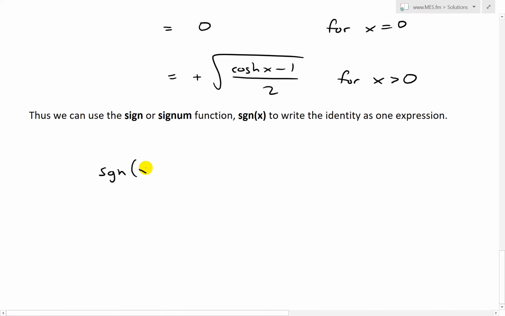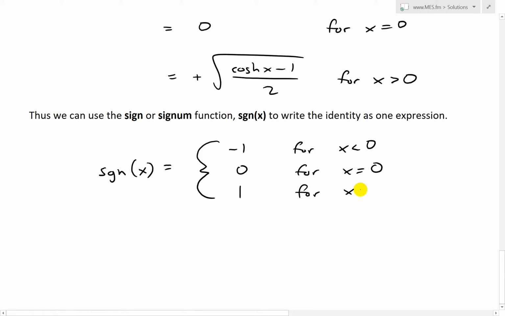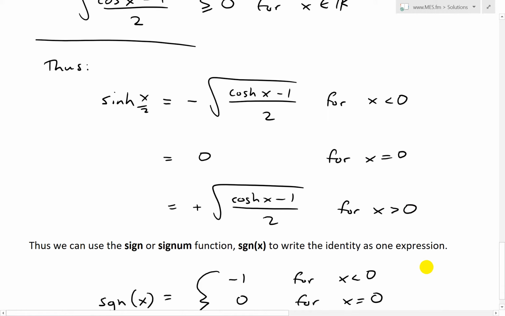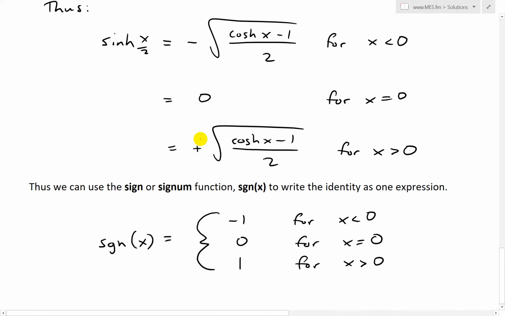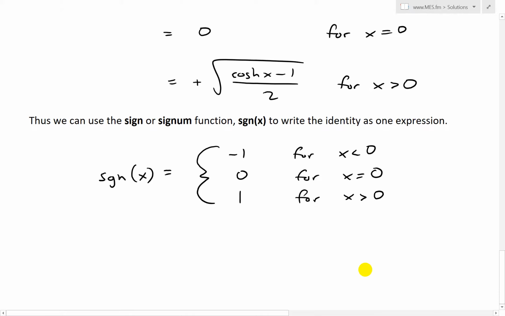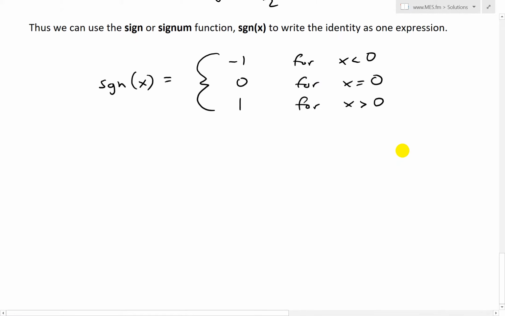So signum of x is equal to negative 1 for x less than 0, equals 0 for x is 0, and then equals positive 1, or just 1, for x greater than 0. So then we can account for all of these. So we just write this as signum of x times the square root of cosh x minus 1.